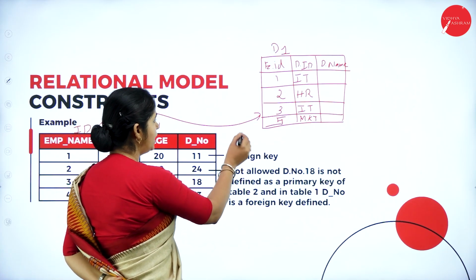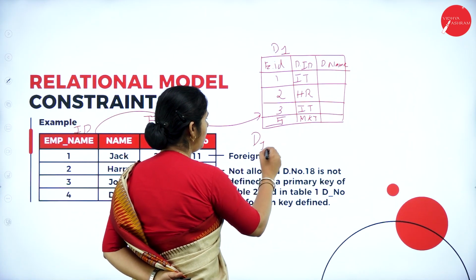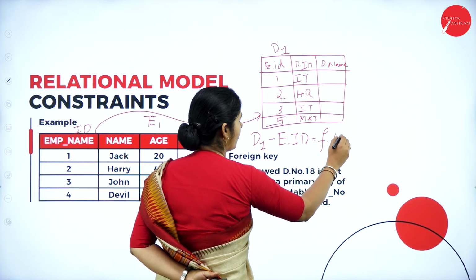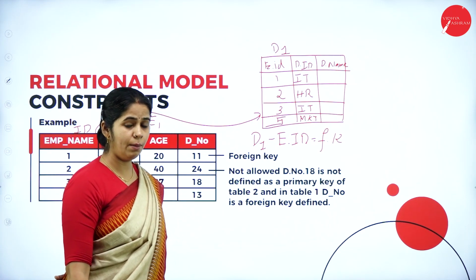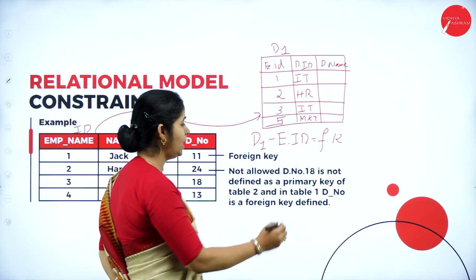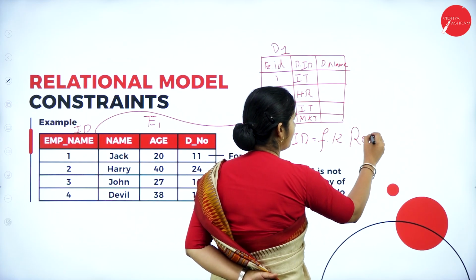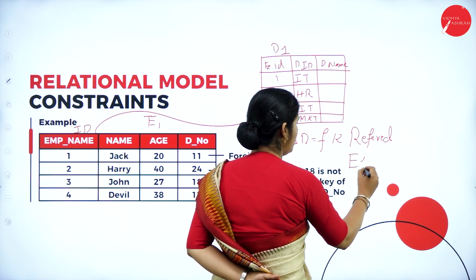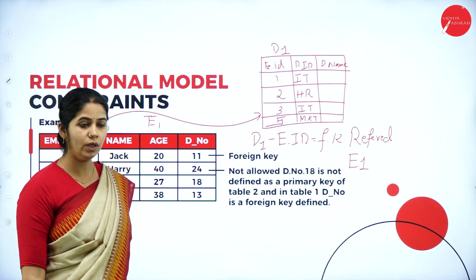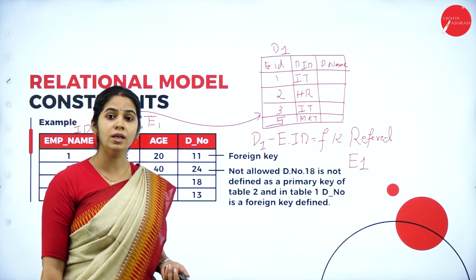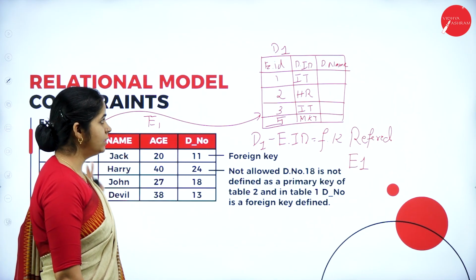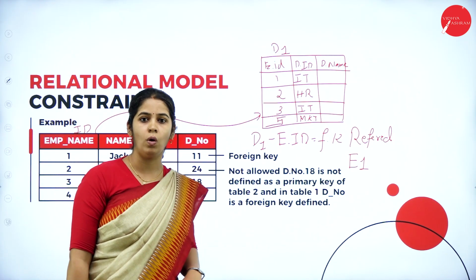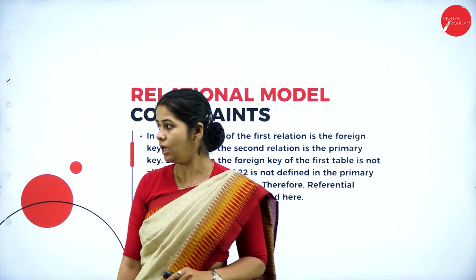So in table 2, the D1 table, employee ID is considered a foreign key, referred from the employee table E1. So, understood what a referential constraint is? The primary key we have defined should be present in the second table also. That is the referential integrity constraint.